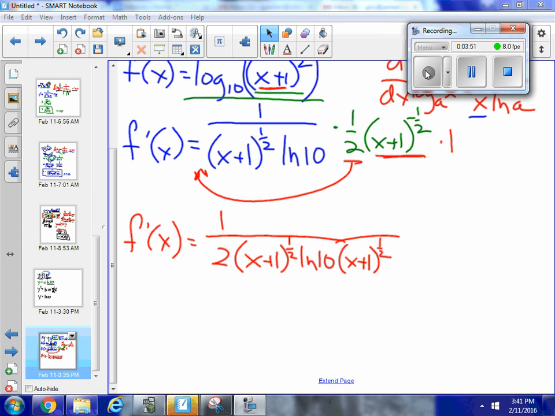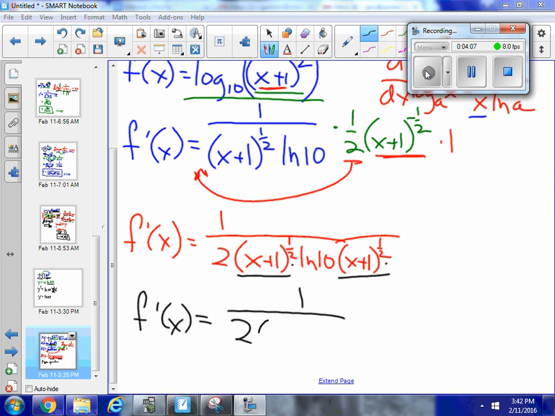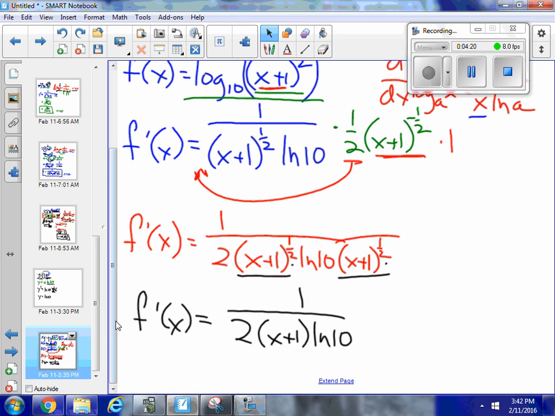Well, what do I have? I have x plus 1 to the 1/2 times x plus 1 to the 1/2. I'm going to add the exponents together. So I'm going to get f prime of x is equal to, well, only 1 on the top, 2 times x plus 1 to the first, because I add the 1/2 and the 1/2, times ln 10. So that's the derivative.